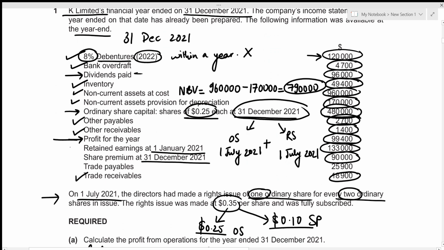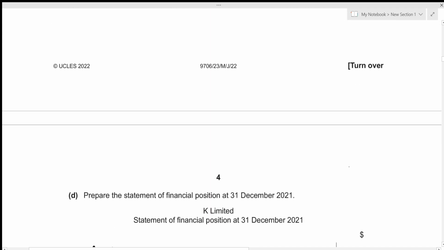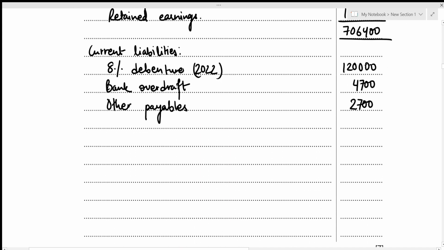Okay, we already recorded retained earnings and share premium. Then we have the trade payables, which is a current liability amounting to 25,900. This concludes all of the items in our statement of financial position. So let's record it. That's trade payables amounting to 25,900.